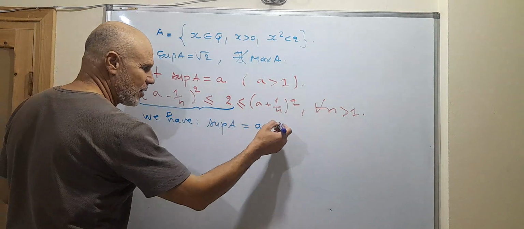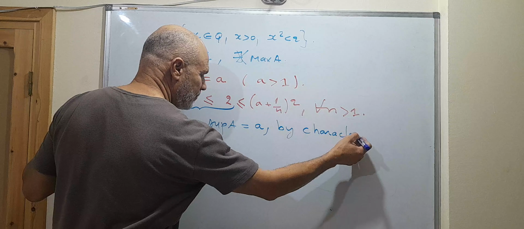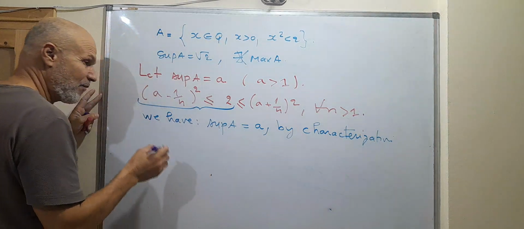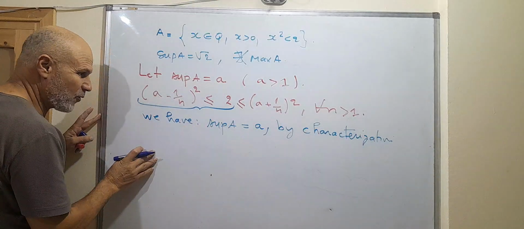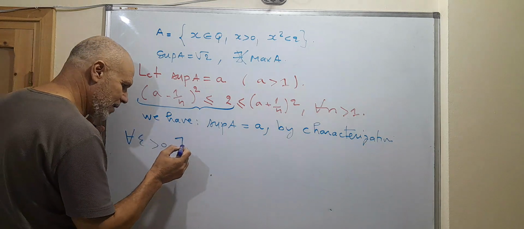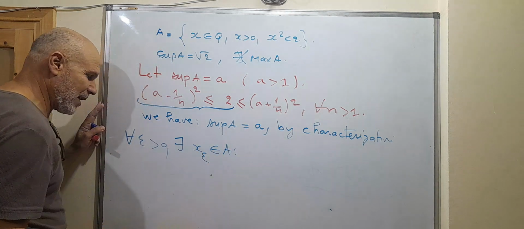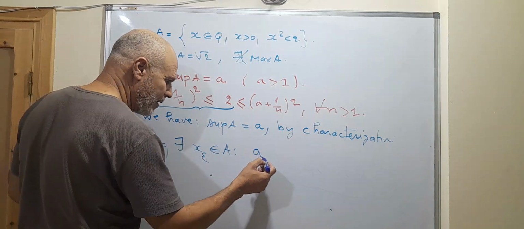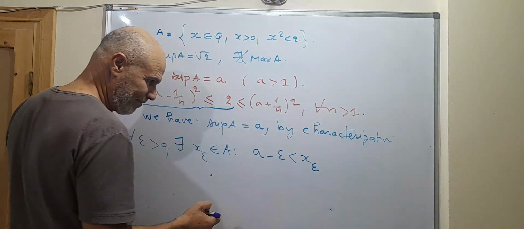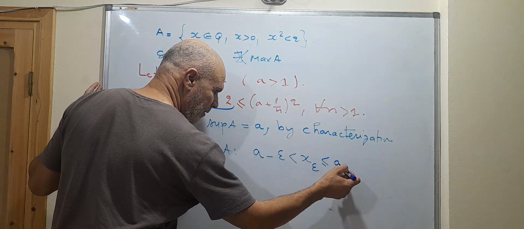By the characterization of the supremum, for all epsilon greater than 0, there exists an element x epsilon from A such that a minus epsilon is strictly less than x epsilon, and this is less than or equal to a.